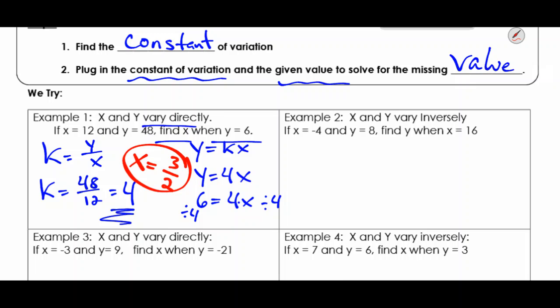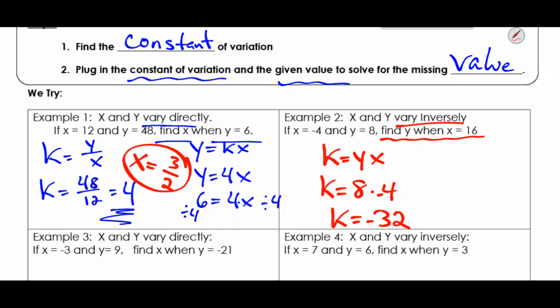Example 2, they vary inversely. So my constant is going to be found by multiplying y times x, or multiplying x times negative 4. So my k here is negative 32. So I'm now going to use this information with the constant that I just found in my inverse variation equation, which is y equals k over x.